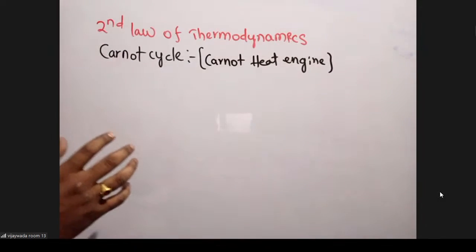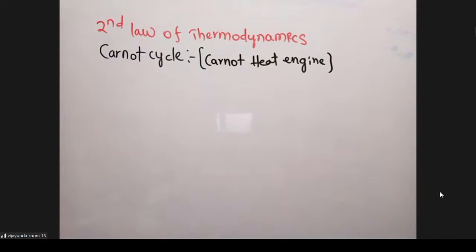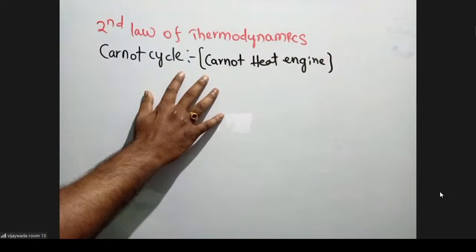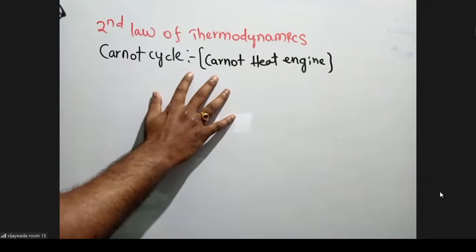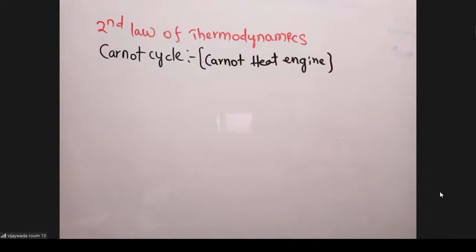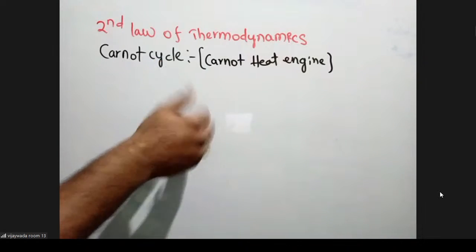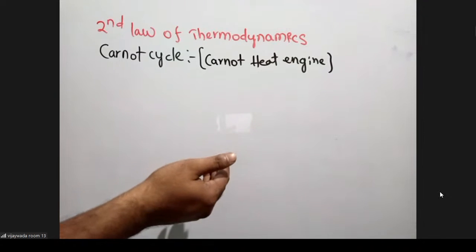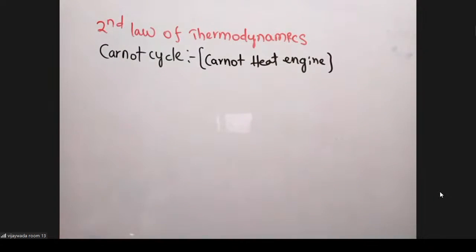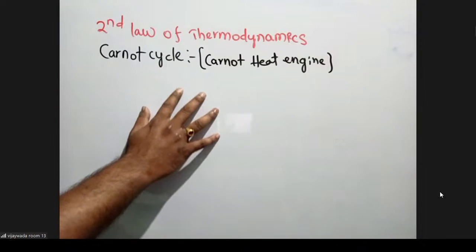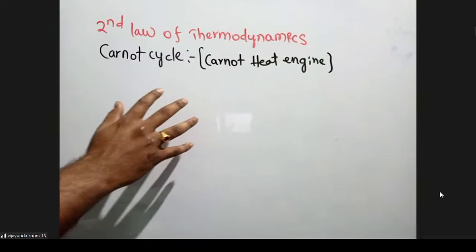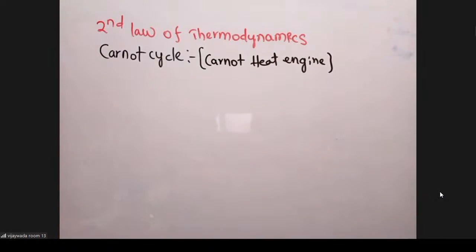What is the difference between ideal and non-ideal? This heat engine produces maximum work, but our normal engine may produce 50 percent of work or 60 percent of work, but this Carnot engine will produce more than 95 percent.